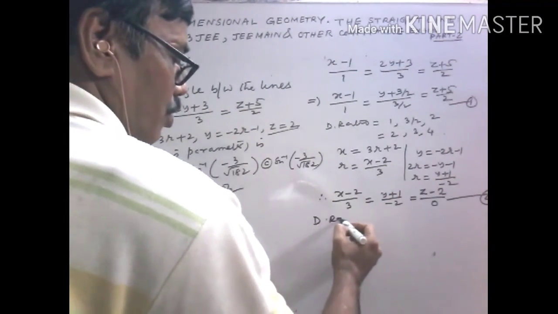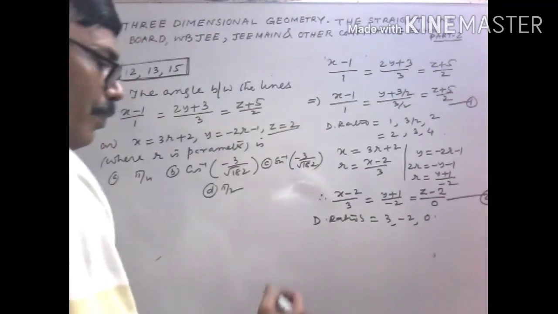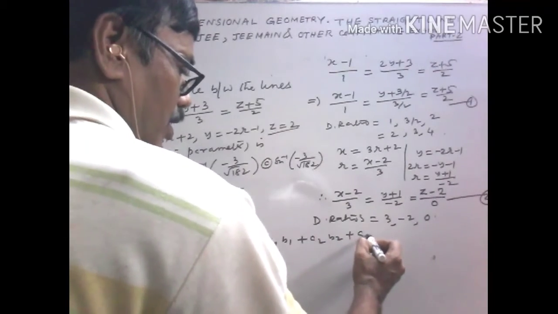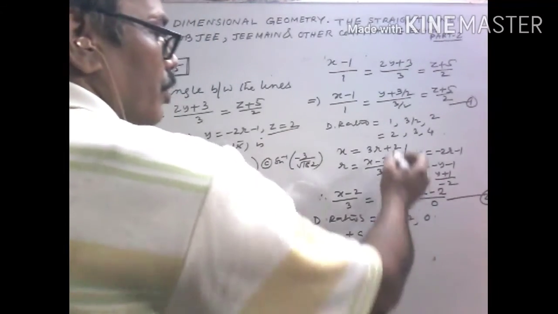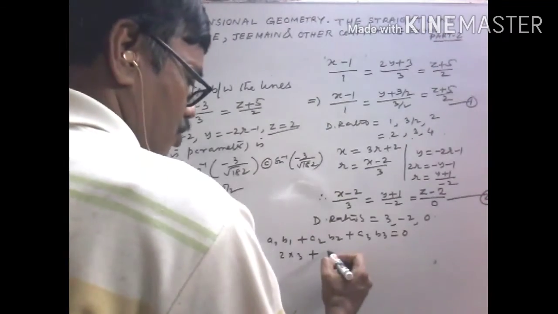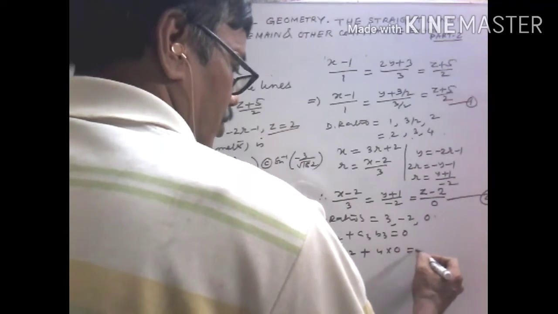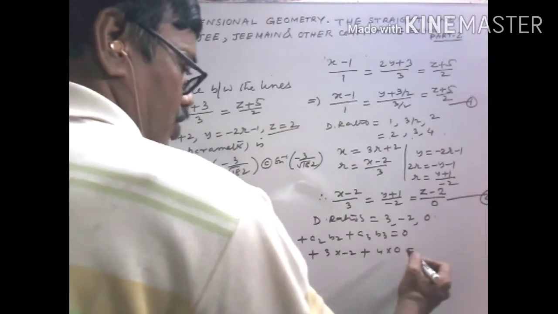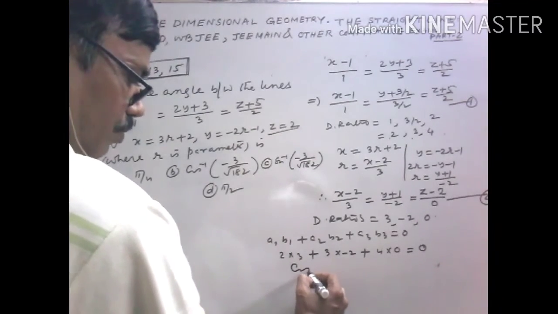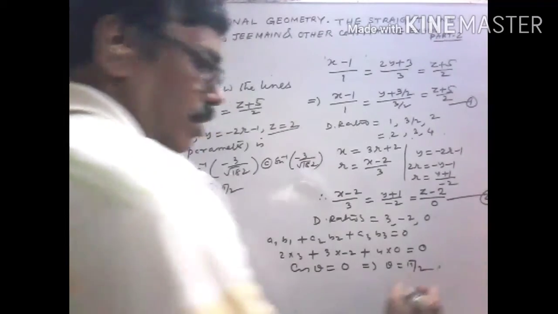So what are the D ratios? D ratios 3, minus 2, 0. So look at A1, B1, A2, B2, A3, B3. So 2 into 3 plus 3 into minus 2 plus 4 into 0. So this is 0, so cos theta equals 0, so theta equals pi by 2.